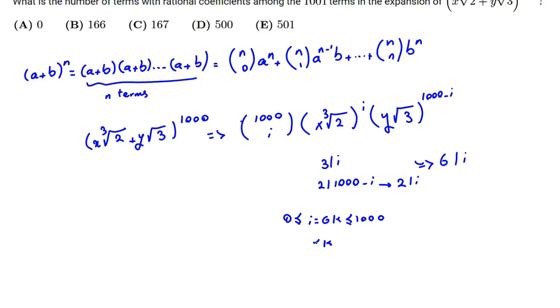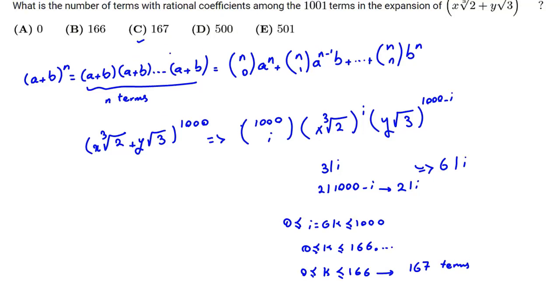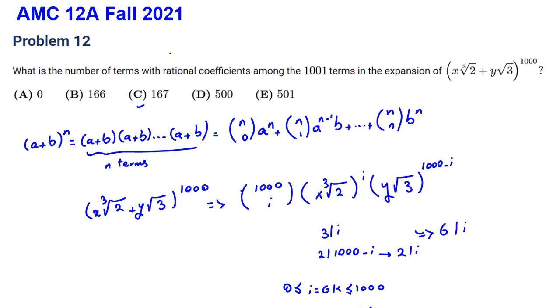If you divide by 6, it will be from 0 to 166 point something. So k is from 0 to 166, so 167 terms. Okay, and the answer will be C, the answer of AMC 12A Fall 2021.